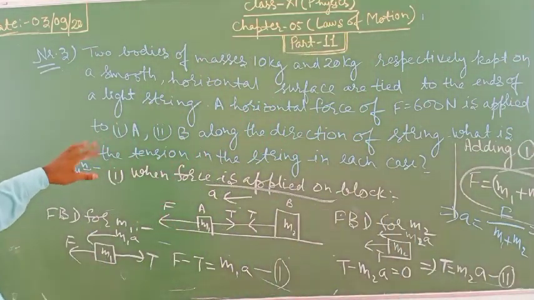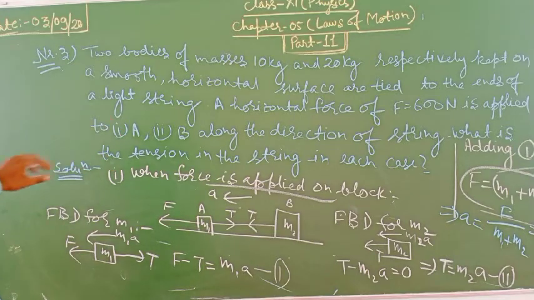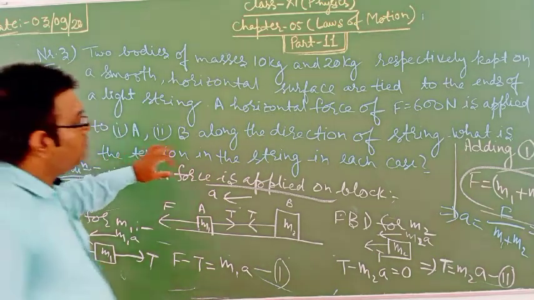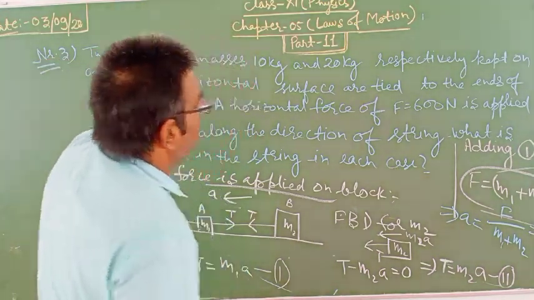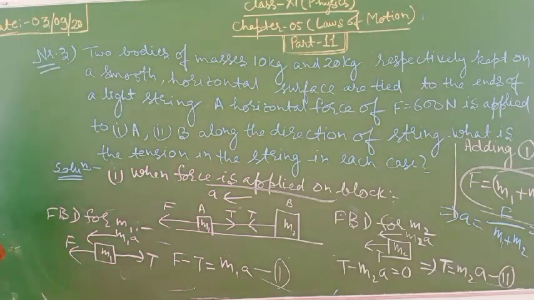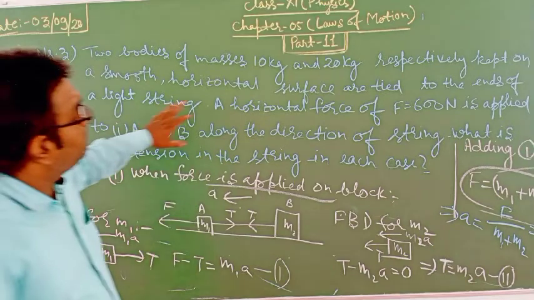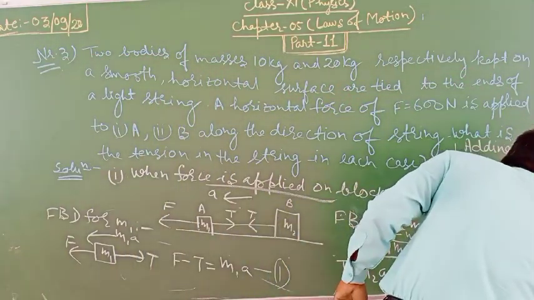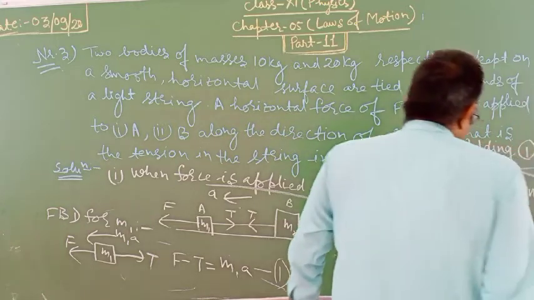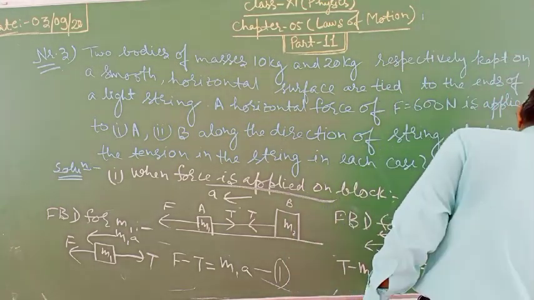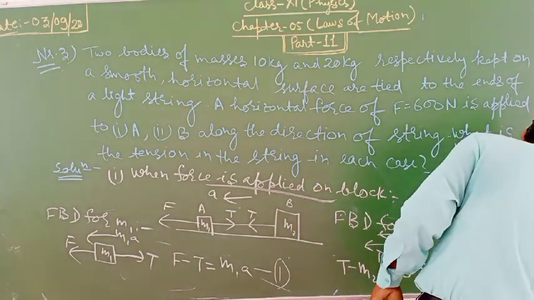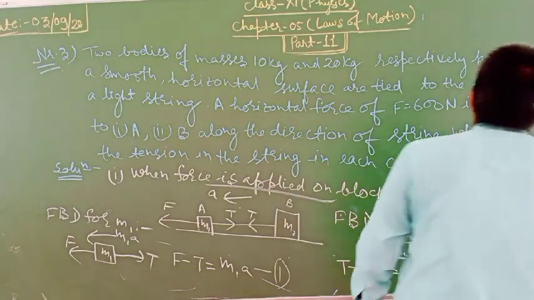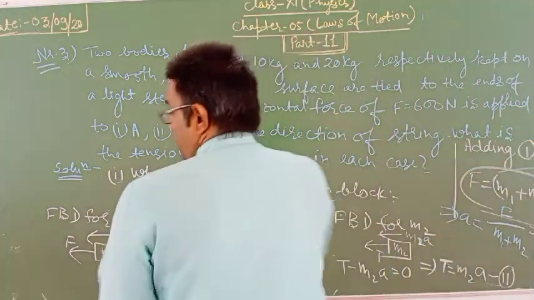The masses M1 and M2 are given in the question as 10 plus 20. And this is the acceleration in meter per second square.